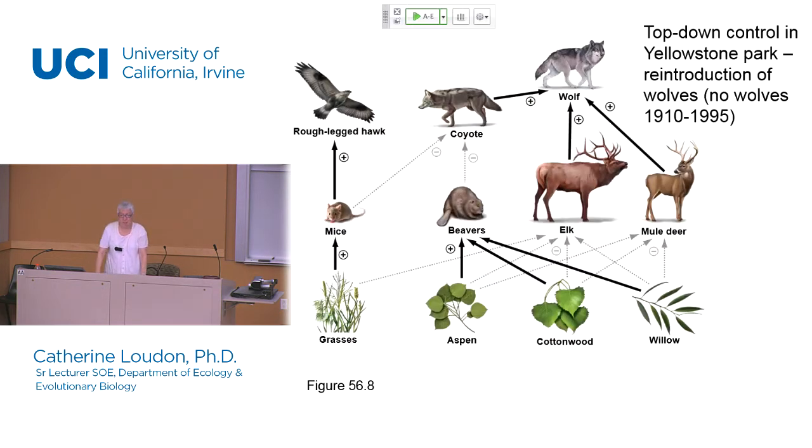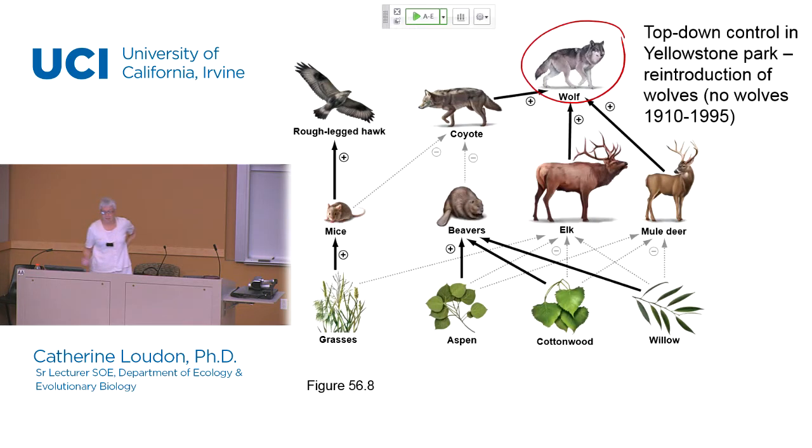And there's a very nice example of this in your textbook considering what happened after the reintroduction of wolves in the area of Yellowstone. This is figure 56.8 from your textbook in front of you right now, and shows an example of a simplified version of the food web, of which wolves are a part.